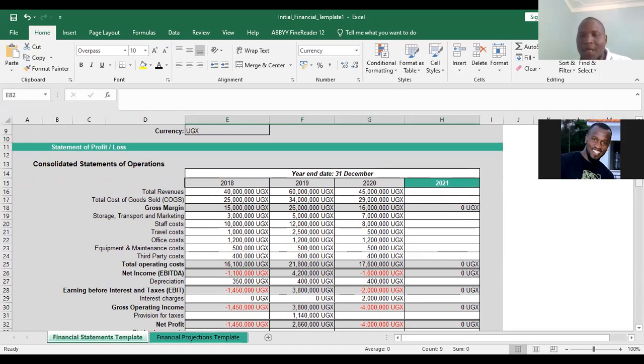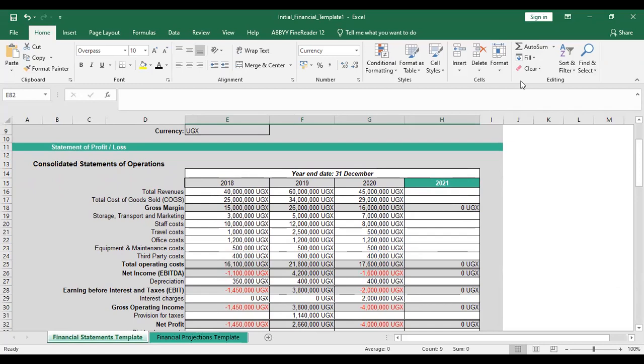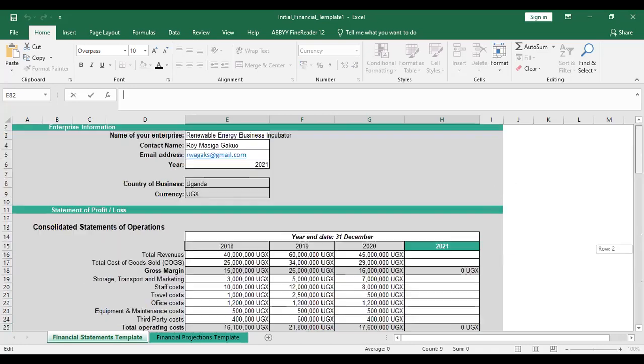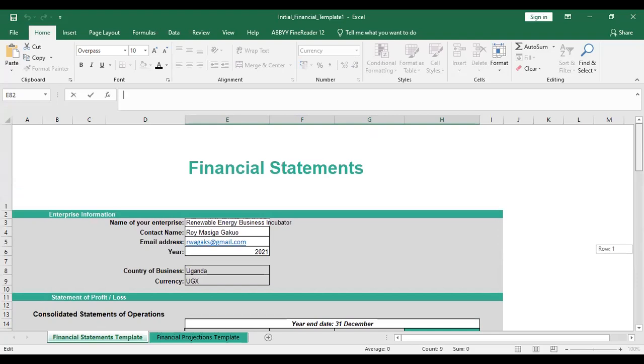Now I'm going to make use of what you will call a financial model. Financial models are created to help entrepreneurs understand their numbers, but also to simplify so that they don't keep on doing the same things.